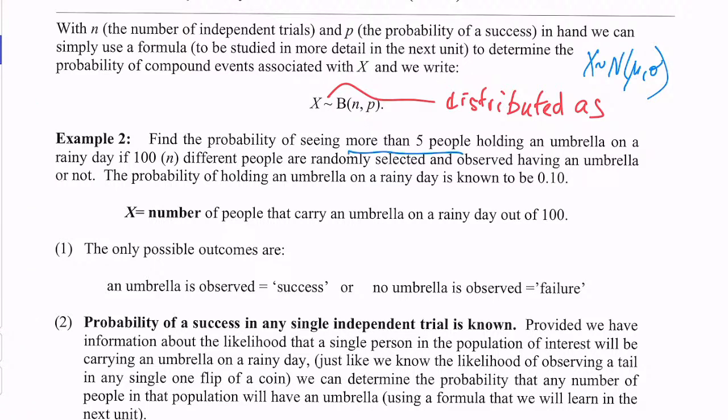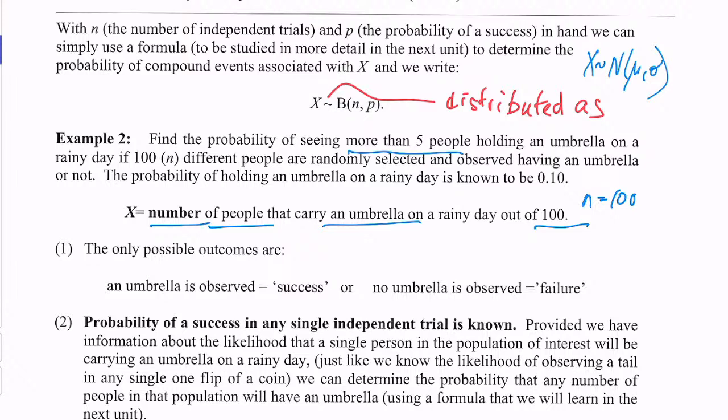Now X is the variable that is defined as the number of people that carry an umbrella on a rainy day out of 100. Those are the key things. All that's missing is, the n is 100, because that's how many people we're going to observe.